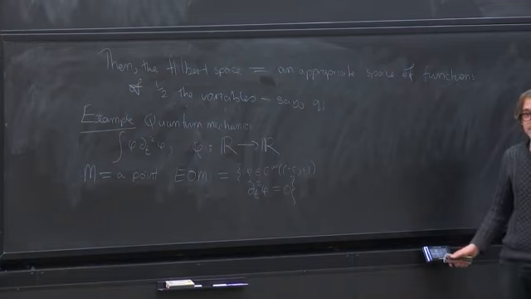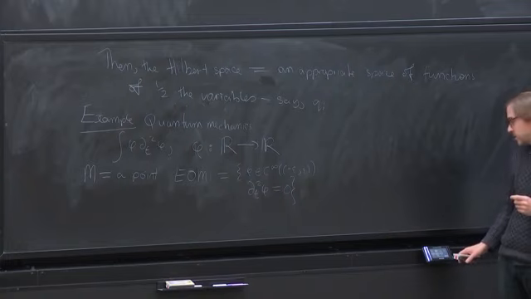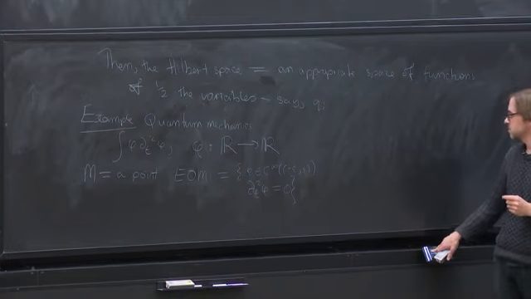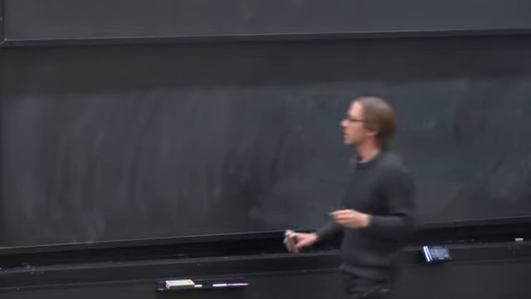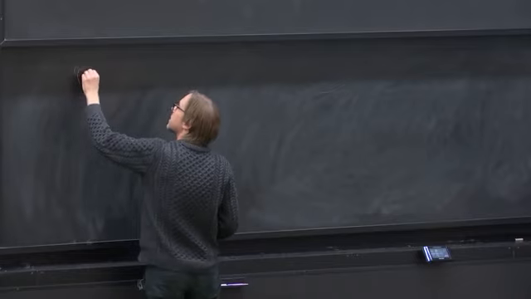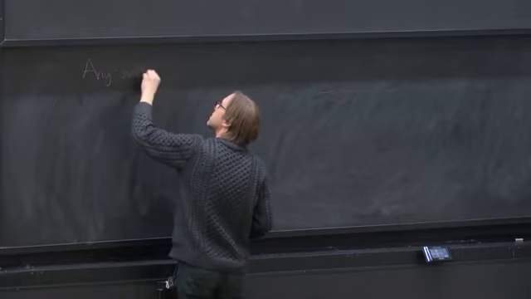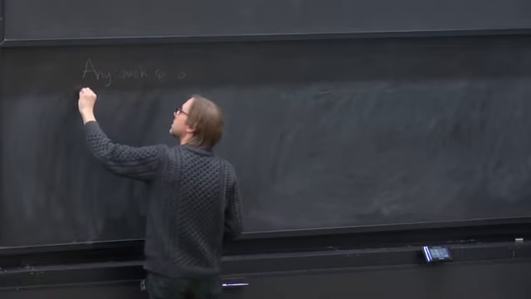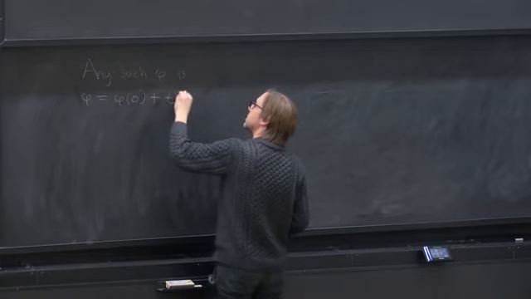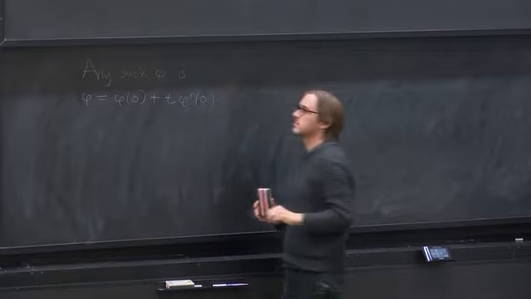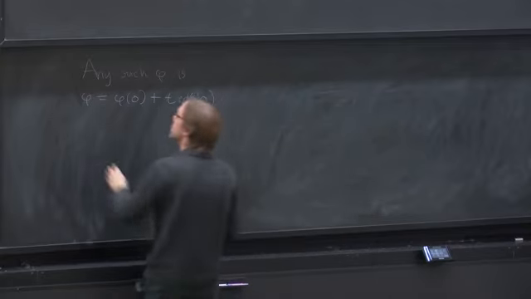Now we know how to parameterize these. Every such phi is determined by its value at the origin and its first derivative at the origin. So any such phi is phi equals phi of 0 plus p times phi prime of 0.